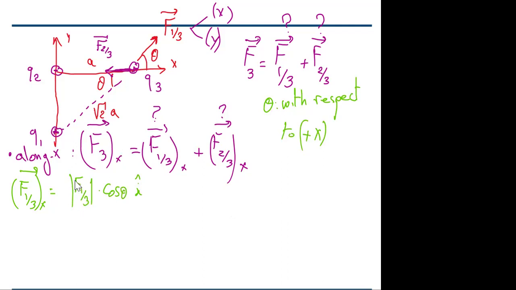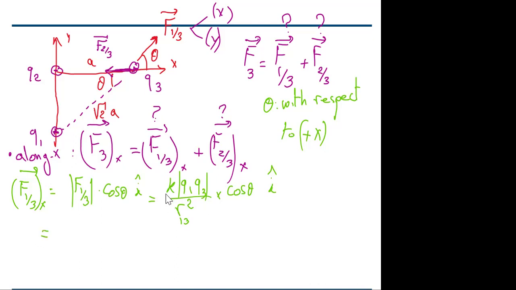From where did we get this magnitude? From Coulomb's law. So it's k, absolute value of q1 q3, divided by the distance between 1 and 3 squared, multiplied by cosine theta, multiplied by the unit vector i of the x-axis.